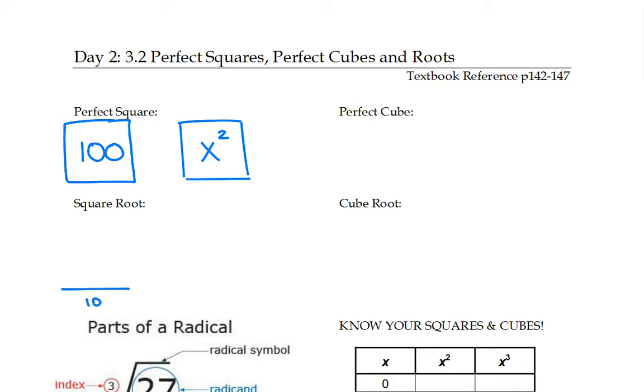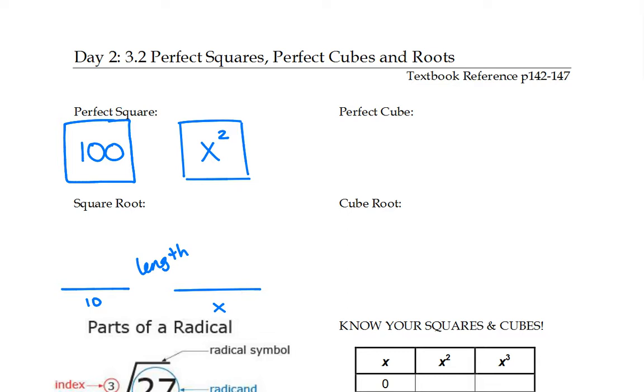Do you remember the rod in the base 10 blocks was a length? It was a rectangle, right? A length. So it's the length. So what would be the root of x squared? Yeah, just x. So the root is the length of the square.